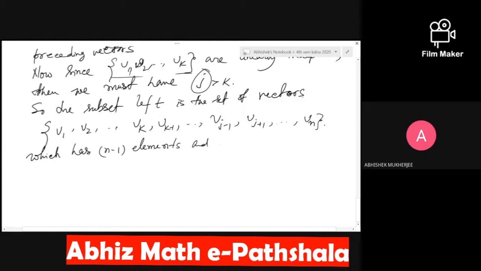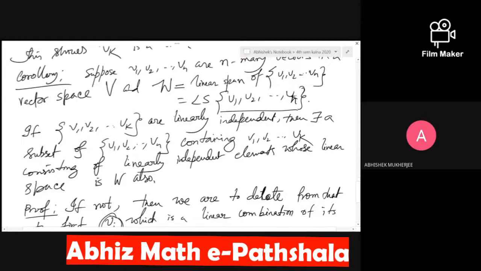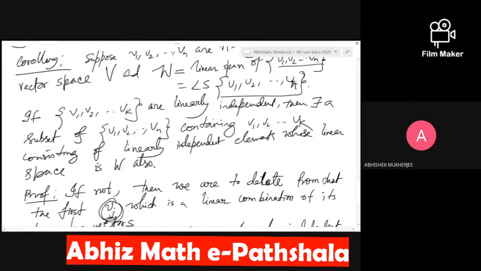And so its linear combinations are contained in W. That we have considered in the theorem, that W is the linear span of the vectors V1, V2, ..., Vn.